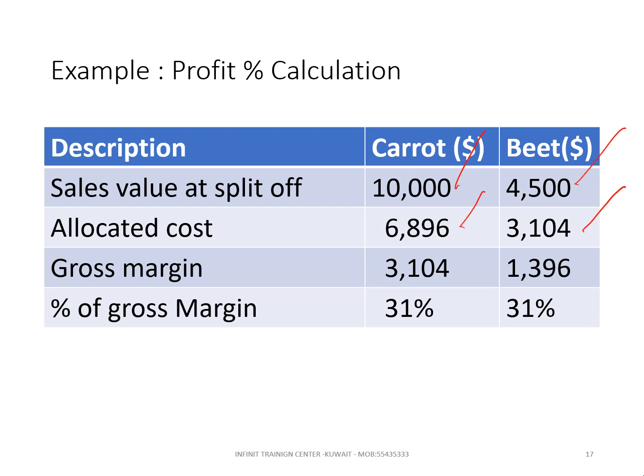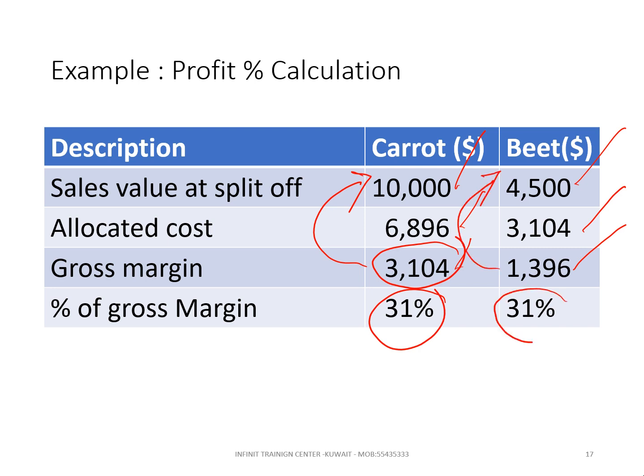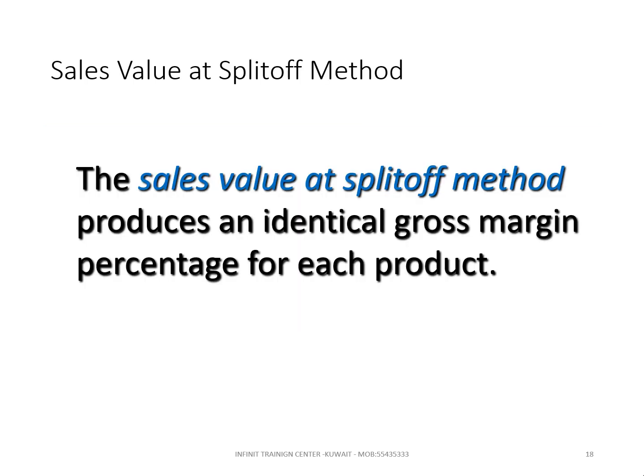Allocated cost we can see, and this is what the gross margin is, right? And you can see the gross margin out of this 10,000 is 31%, and 1,396 out of 4,500, that's also 31%. So this is one of the peculiarities of this method.